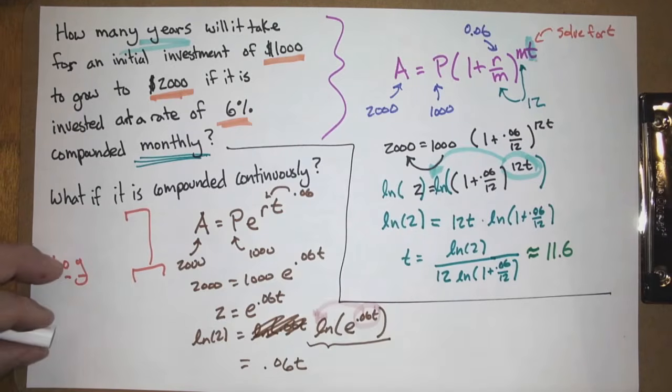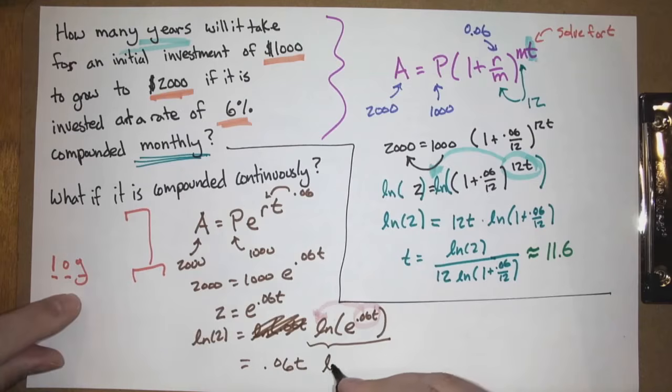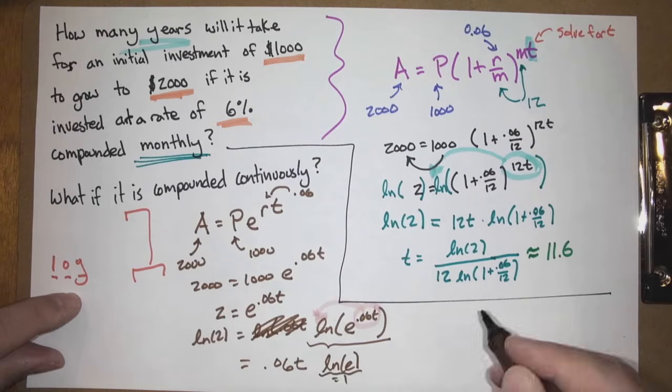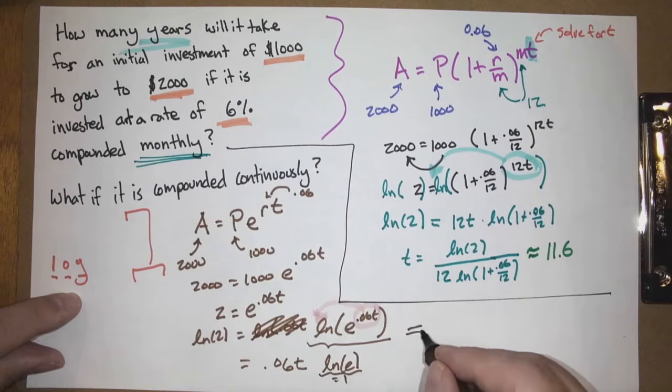And I'm like, yep, I agree with you. That's why it's 0.06 t. Then you might say, but wait, what about log of e? What is log of e? Log of e is 1. So this equals 1.